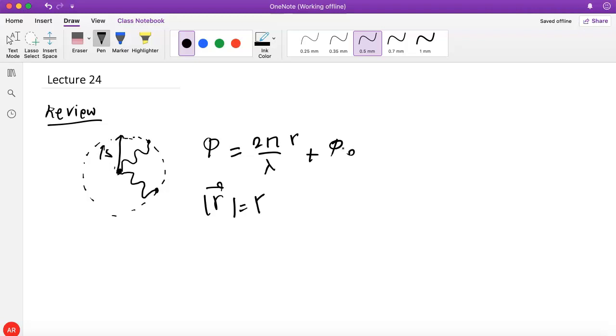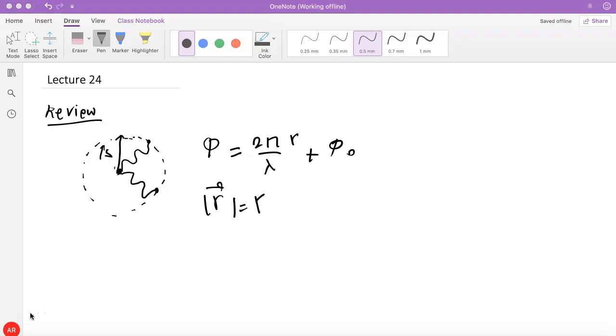Therefore, the set of all points that have the same phase will be a circle in 2 dimensions, because that's the set of all points that have the same r, and then a sphere in 3 dimensions.